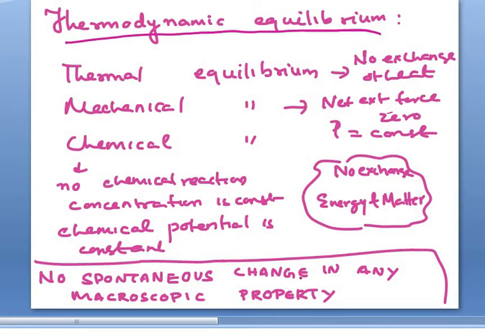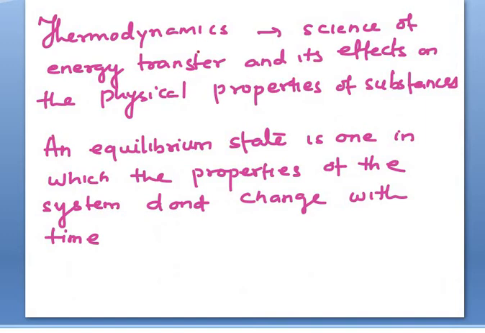Then you call that system to be in thermodynamic equilibrium. Once again, thermodynamics is the science of energy transfers and their effect on the physical properties of substances and systems. An equilibrium state is one in which the properties of the system do not change with time. So again, we have tried to define the equilibrium state of a system.